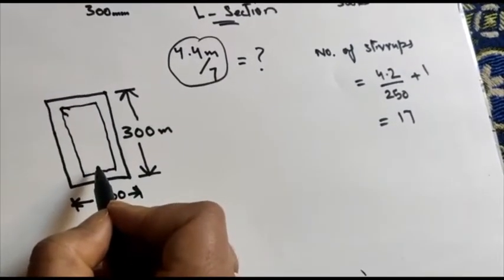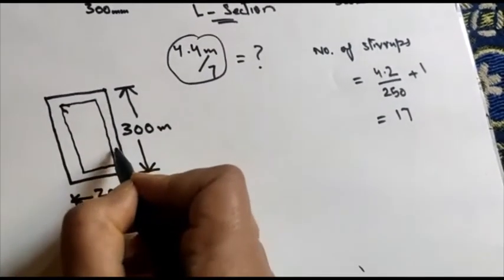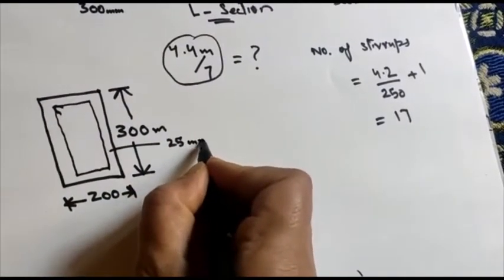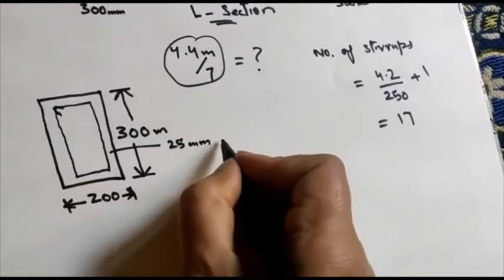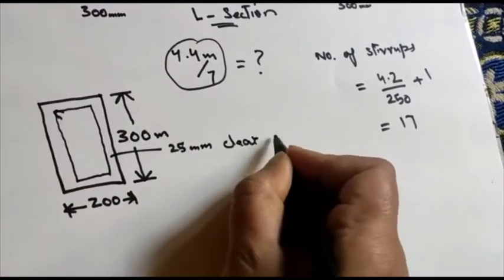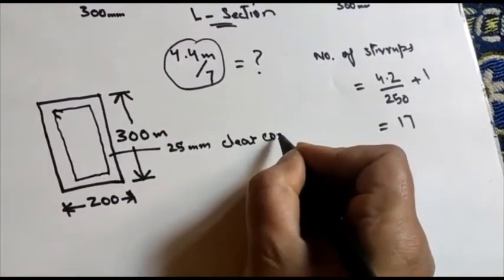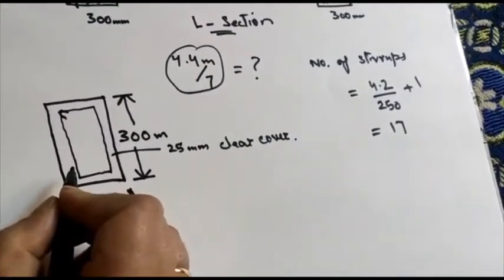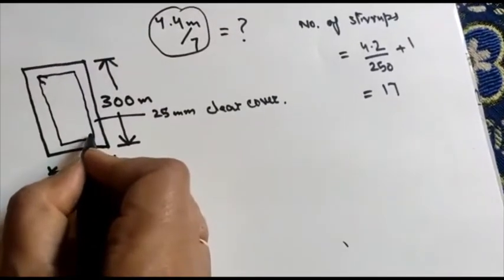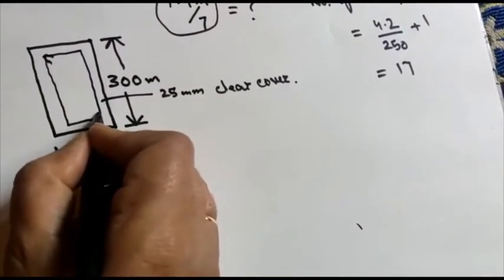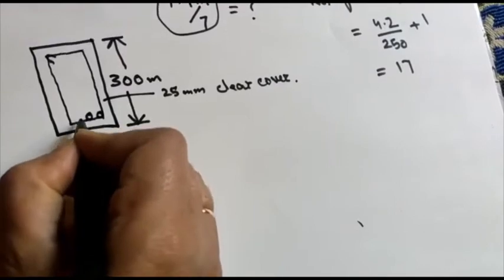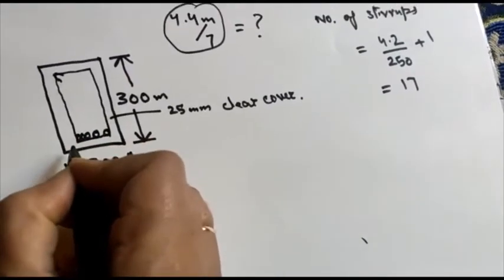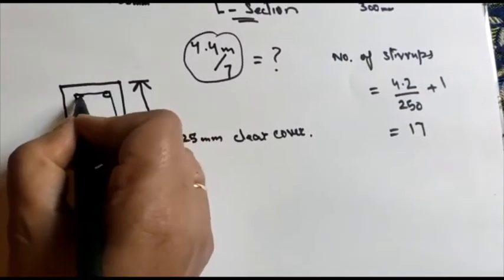Now clear cover is 25 mm. And these bars are 5: 1, 2, 3, 4 and 5, and anchor bars are there 2.